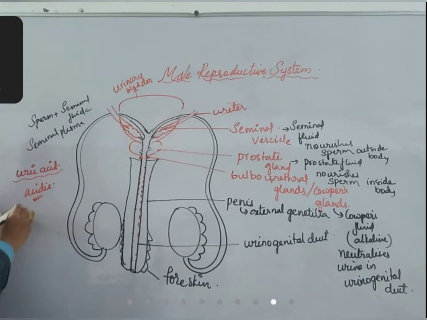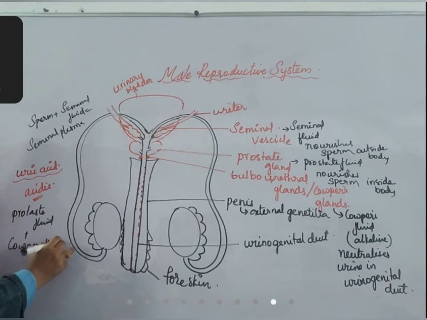After that, seminal plasma will mix with prostate fluid and Cowper's fluid. This total combination is called semen.